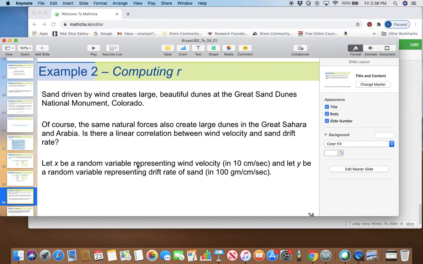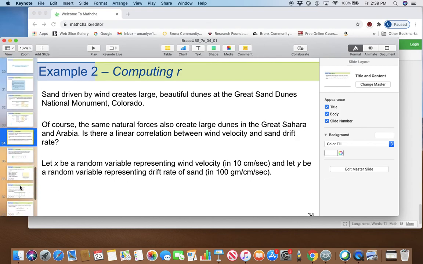Let x be a random variable representing wind velocity, in 10 centimeters per second, and y be a random variable representing drift rate of sand, in 100 grams per centimeter per second. That's the amount of grams of sand moving each second.